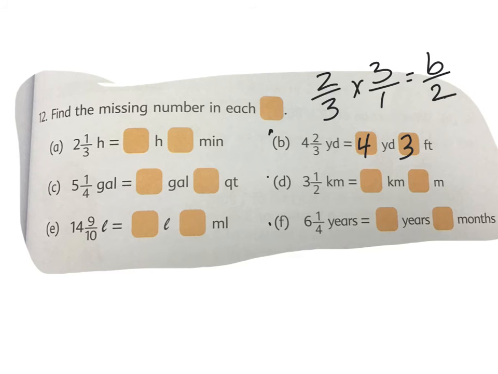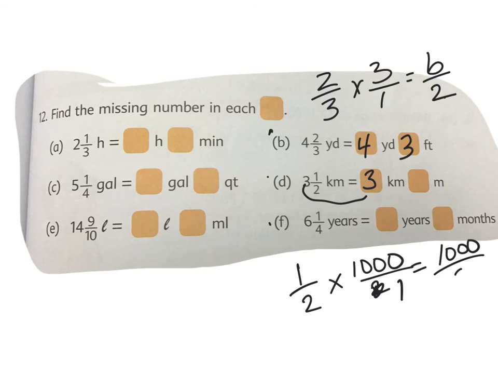3.5 kilometers equals how many kilometers and how many meters? 3 kilometers, just transfer that over, and half a kilometer times 1,000, because there's 1,000 meters in a kilometer. Over 1. 1,000 over 2, it's going to be 500.